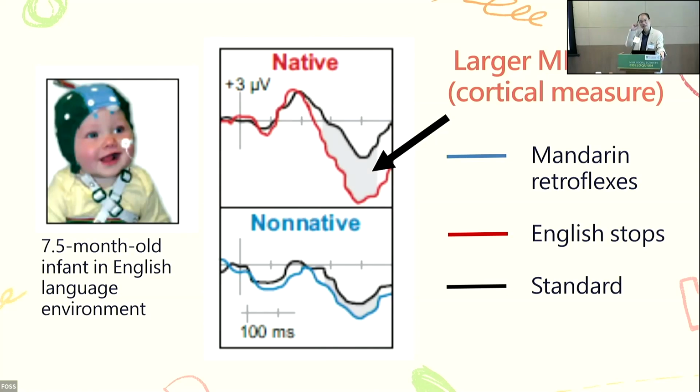So if you're devoting your brain to listen to something that's non-native to you, that should predict poorer language development, okay? Because you're devoting resources to the wrong things. You should be devoting neural resources to this, not this, right?